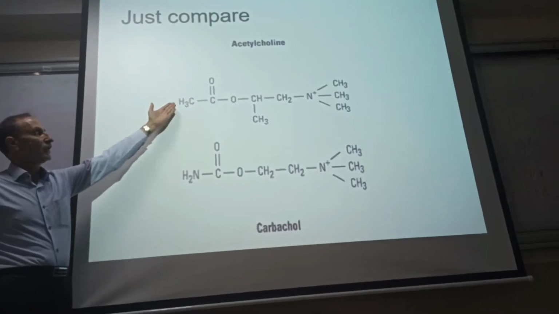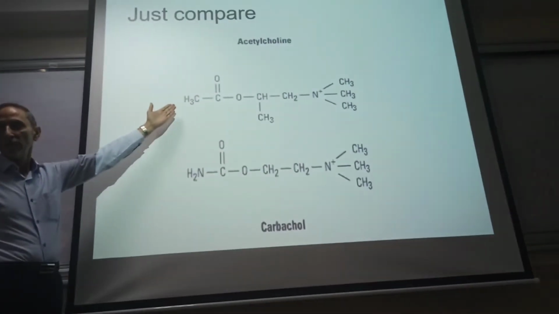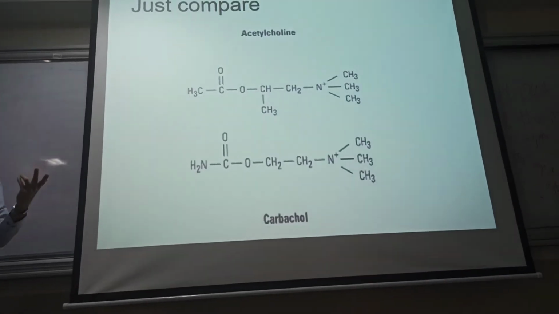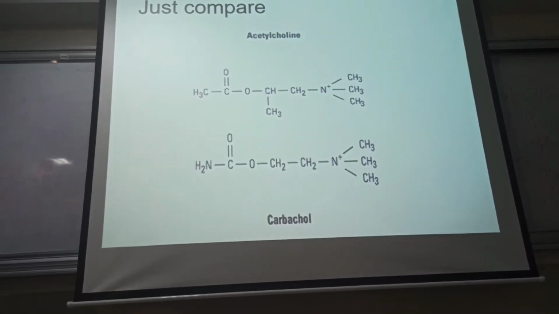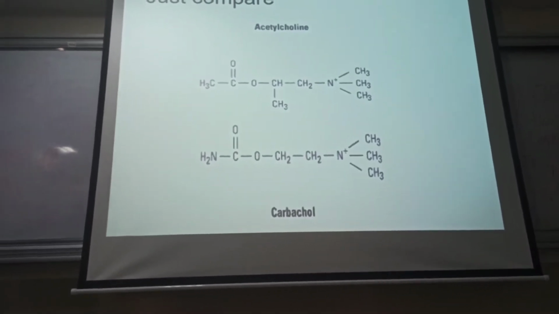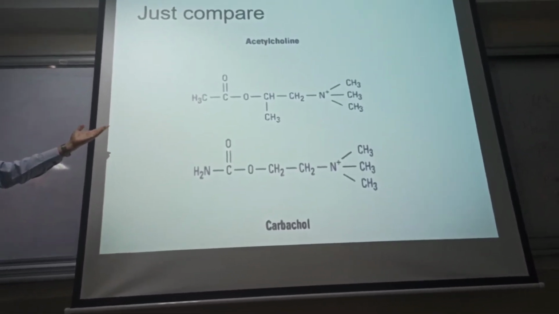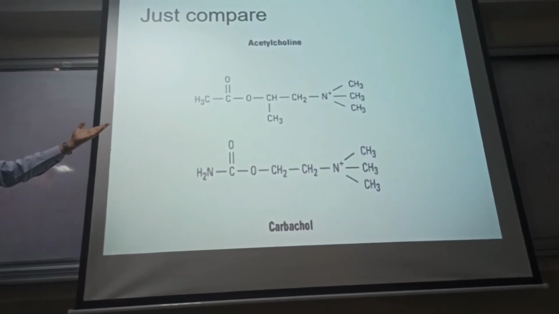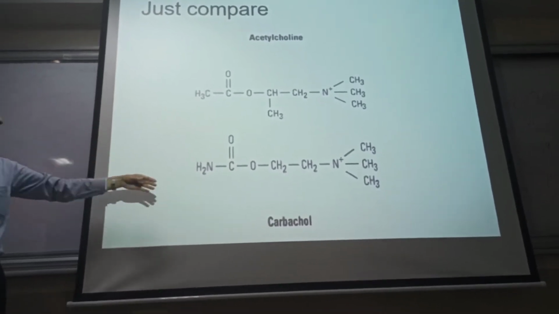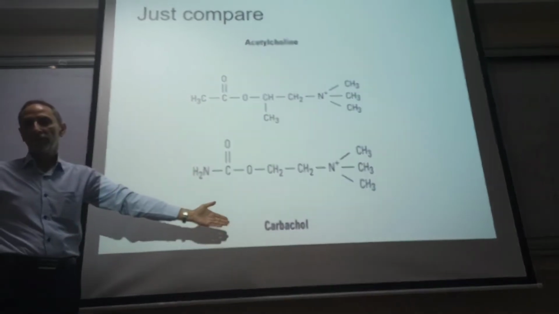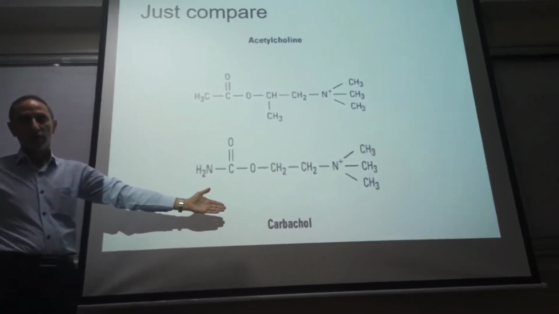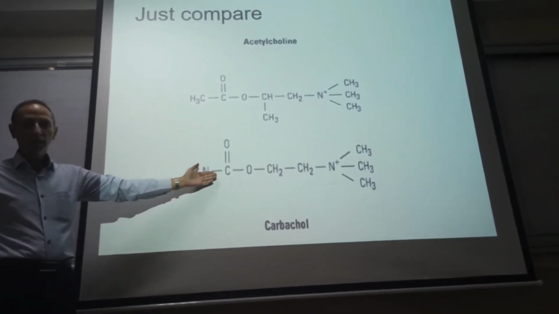You see acetylcholine as a molecule, an endogenous molecule. Acetylcholine is found in the body. And here we have a drug, carbachol. It's not found in the body.